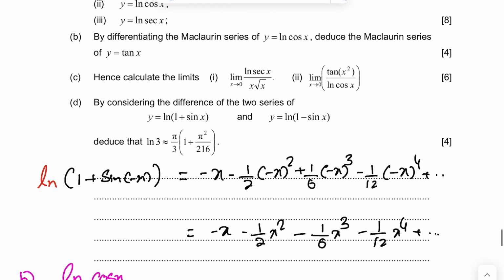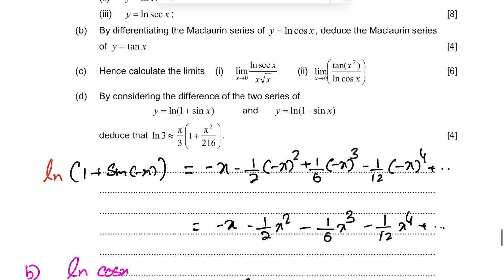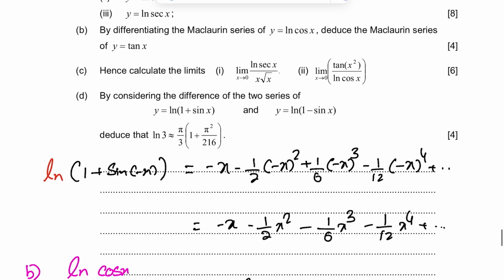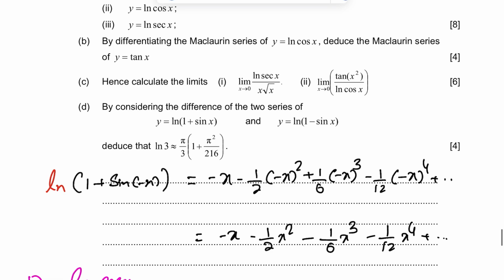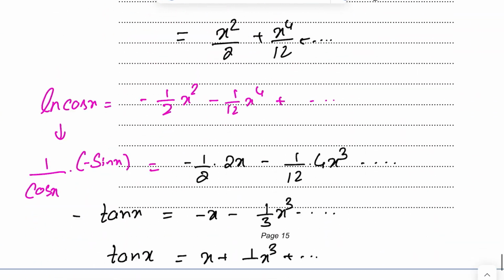Next, hence calculate the limits: limit as x approaches 0 of ln secant x by x root x, and limit as x tends to 0 of tan x square upon ln cos x. Part 1: ln secant x upon x root x.